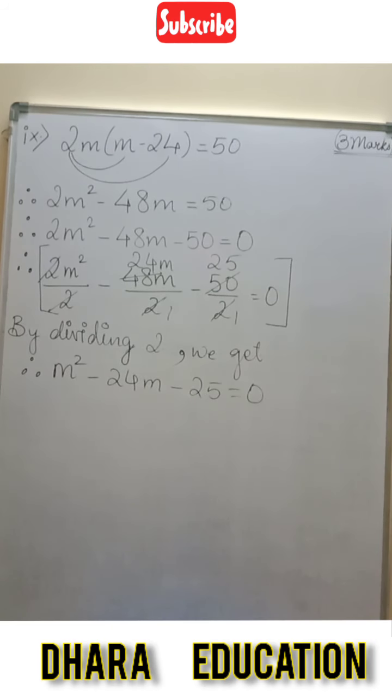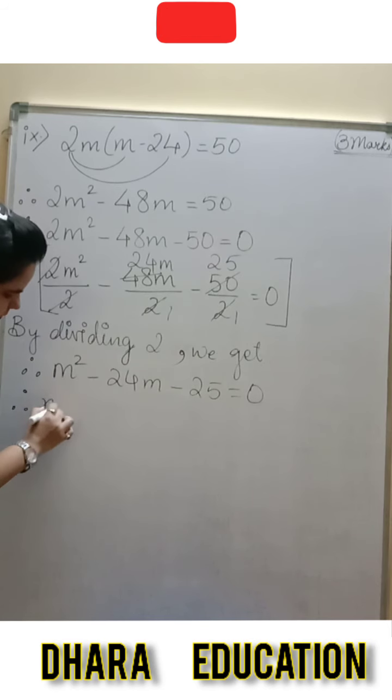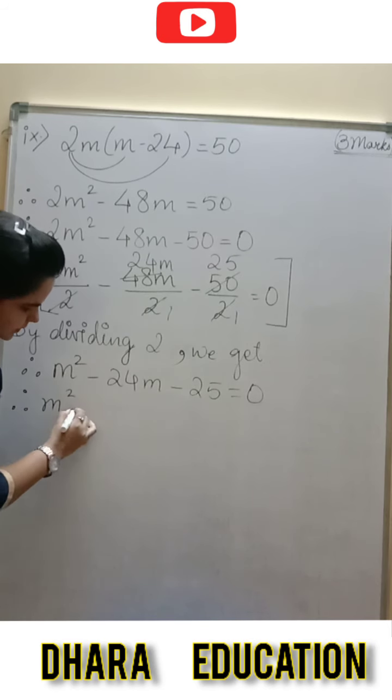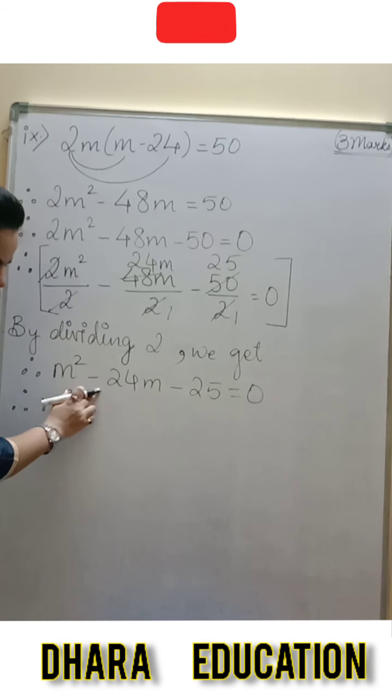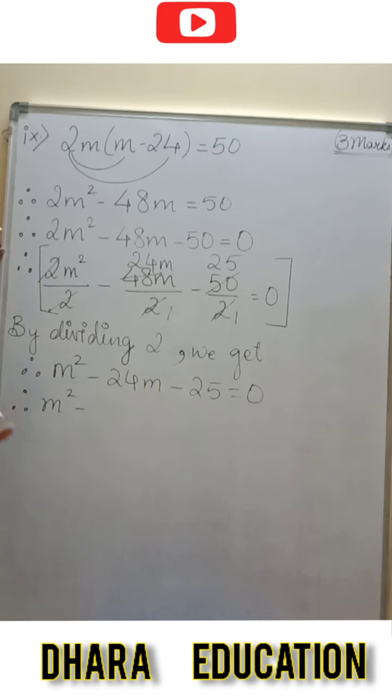Okay. So now what is our next step? To write the first term as it is, m square minus. This sign will never change. Always keep in mind, students, the first term sign will never ever change. Because most of the students are getting confused what to take here.